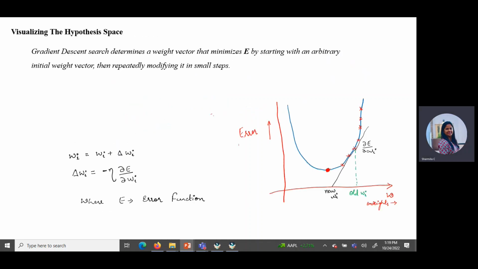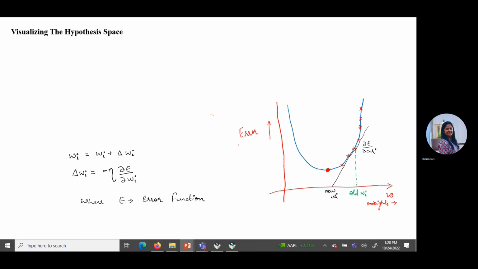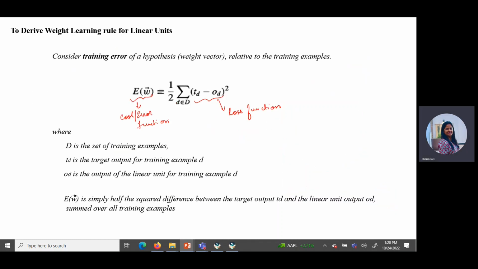Now, visualizing the hypothesis space: since we are using gradient descent, gradient descent search determines a weight vector that minimizes the error function E by starting with an arbitrary initial weight vector, then repeatedly modifying it in small steps. In the previous slide we saw the training error.